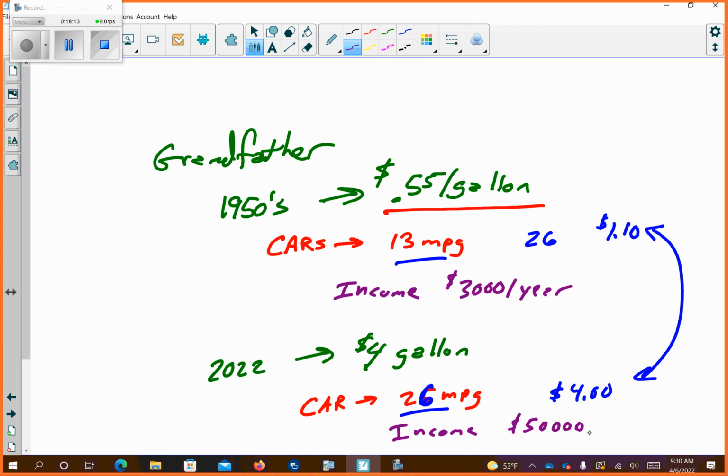Yeah. 2, 4, 2, 1. This is an absolute blessing compared to this. Even though if you look at just the one value here, this looks fantastic compared to, but then you take into account cars are getting twice as good of mileage.